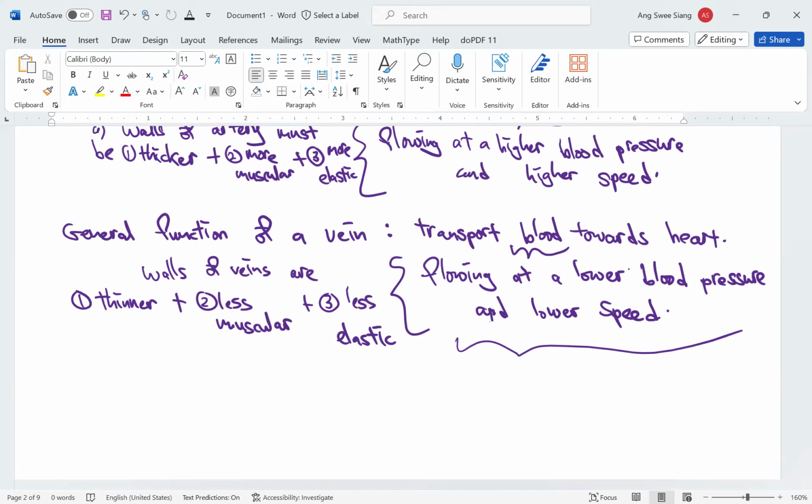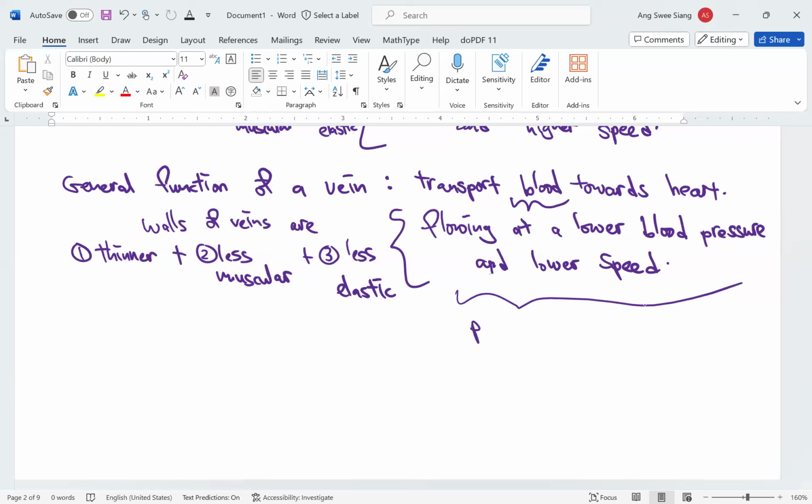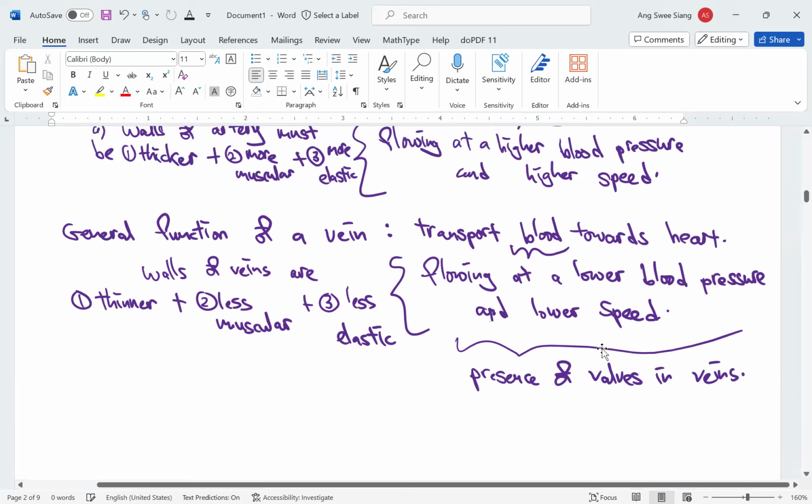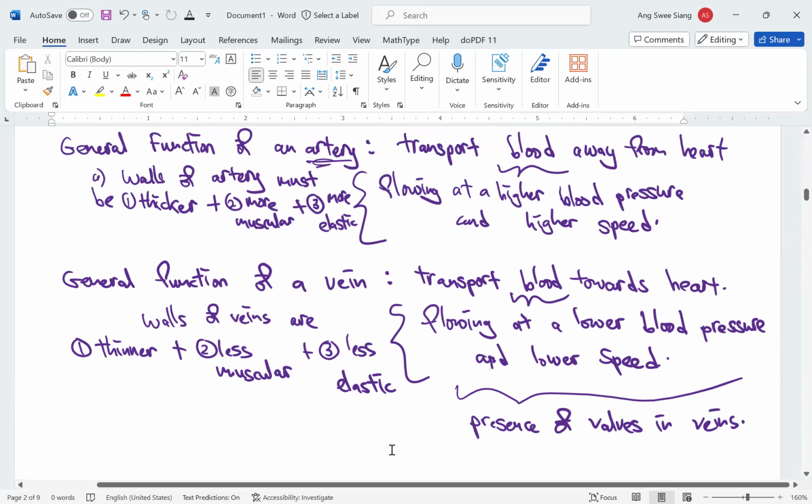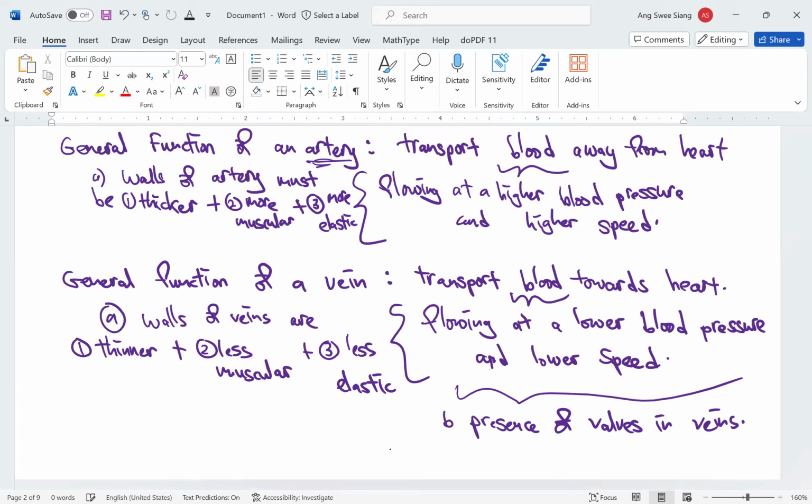Another feature that is related to the general function is the presence of valves in veins, and then the absence of valves in arteries.